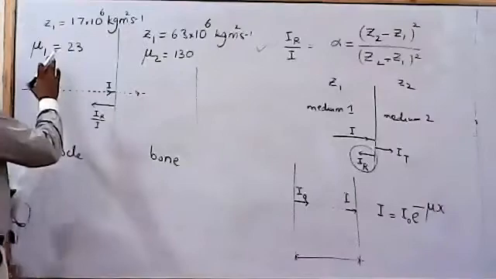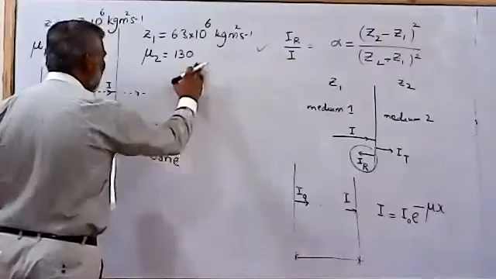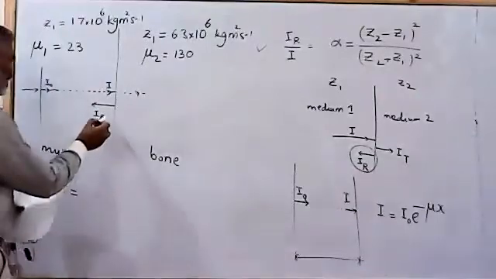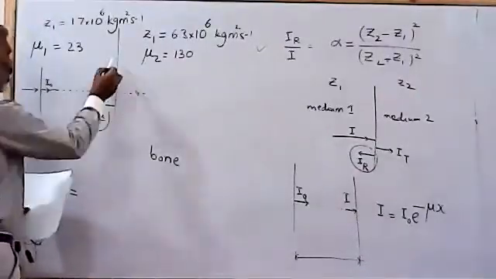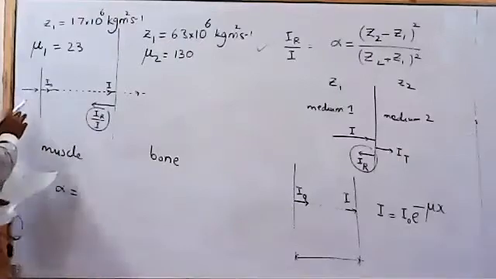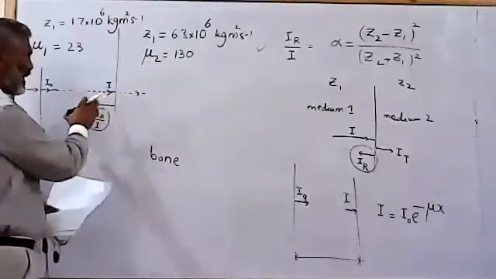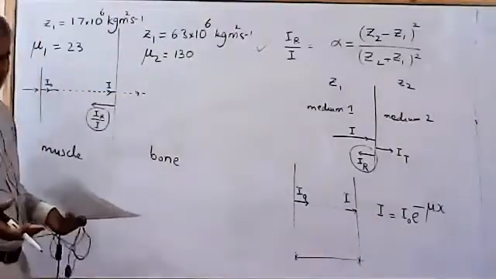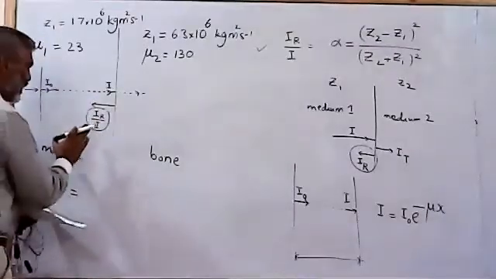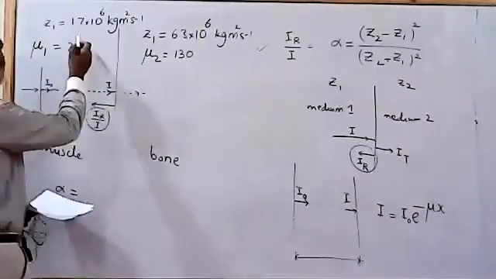So if I know the acoustic impedance of this medium, and of this medium, which is bone, I can calculate alpha, which will be the reflection coefficient for this particular boundary separating muscle and bone. So without knowing the original intensity that we started with, or what value of it arrived here, I mean no attenuation is calculated at this stage yet, even without knowing these numbers, we are able to calculate this fraction.